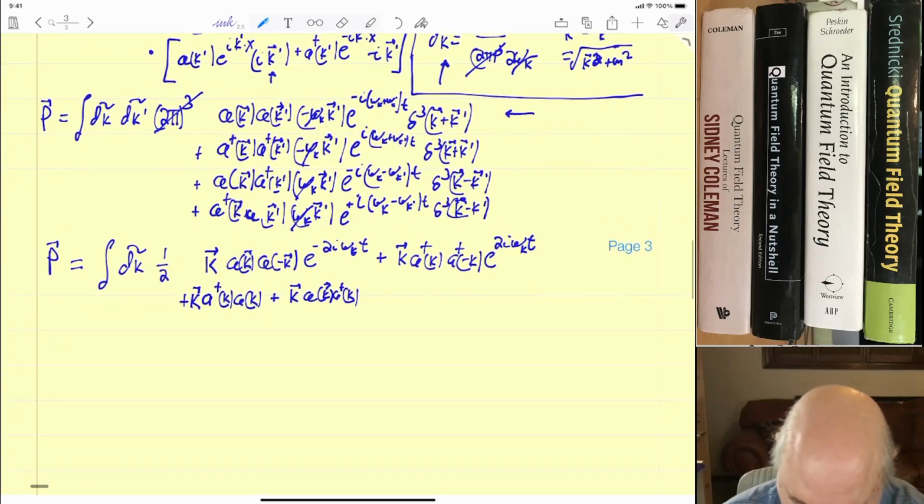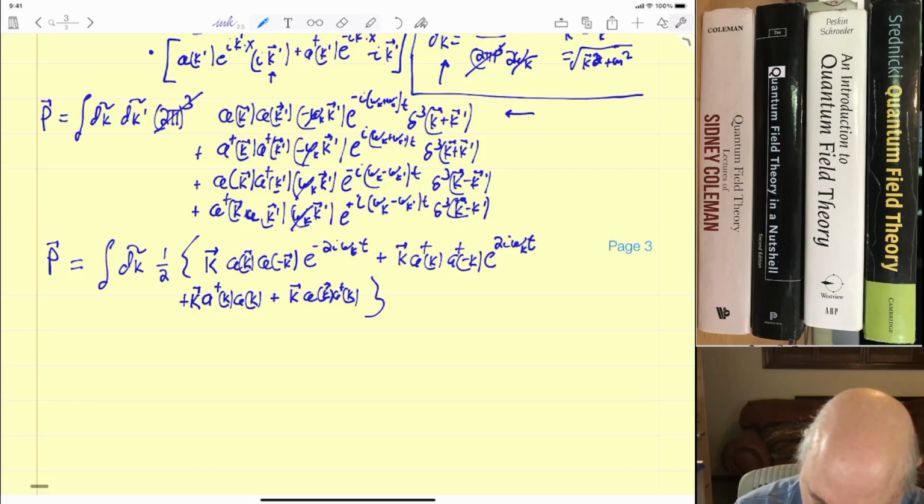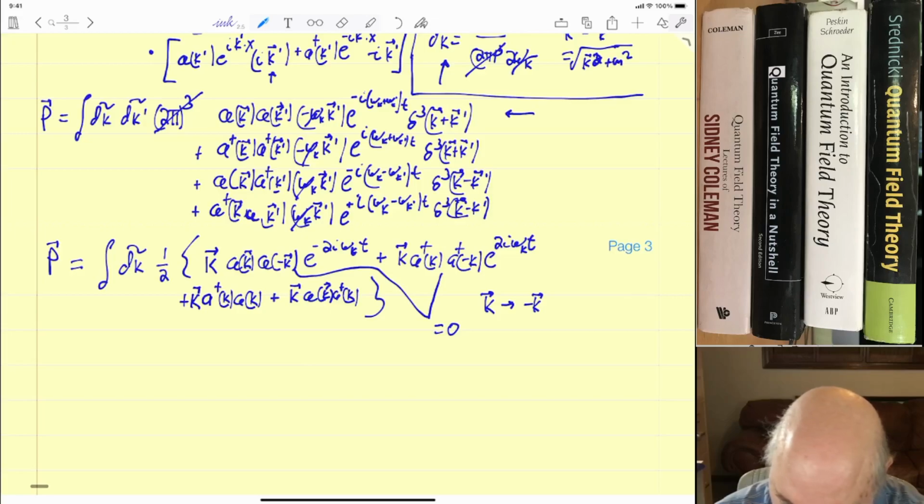Okay. Now, my claim is that these two terms vanish, and they both vanish because if you do k goes to minus k, remember that the creation and annihilation operators each commute with each other.